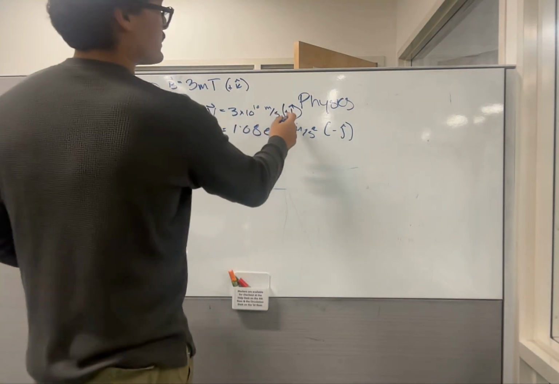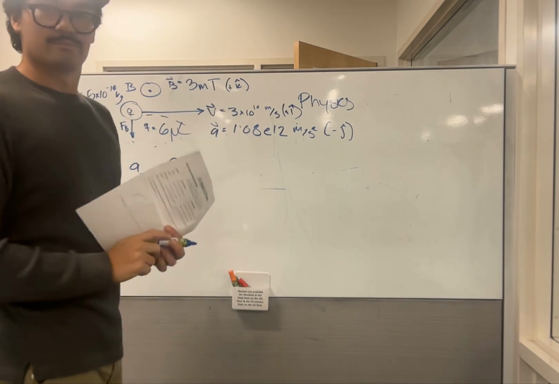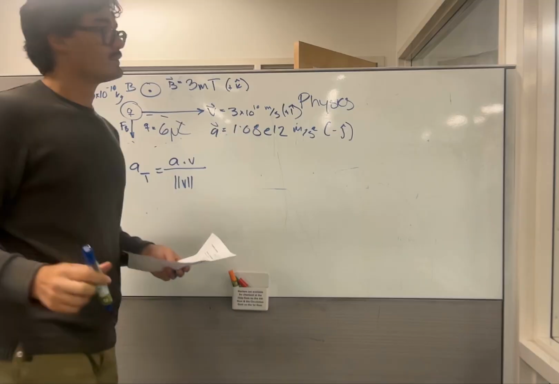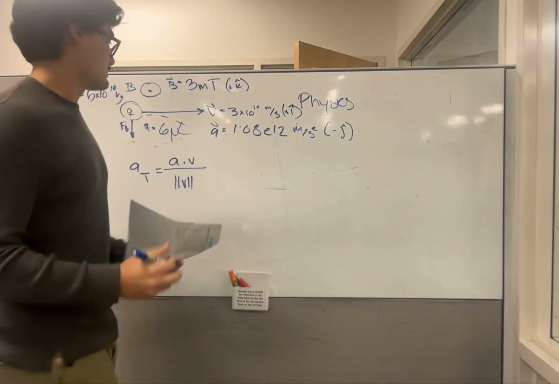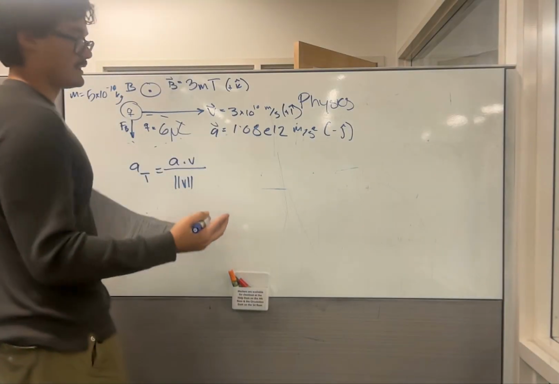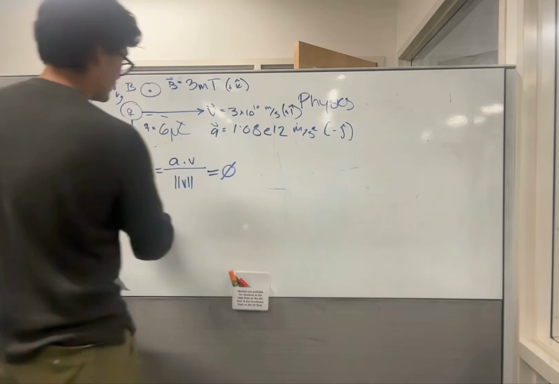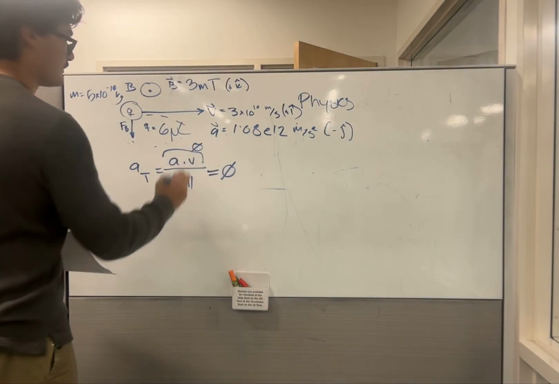V only has components of i, so the components of j and k are 0 for velocity. And the components of i and k for acceleration are 0. So when you multiply these, when you do the dot product between them, you get 0 on top. And any 0 divided by anything is still 0. So the tangential acceleration is 0.